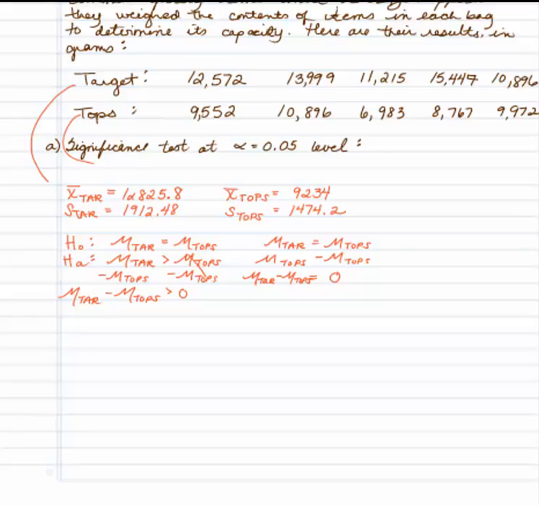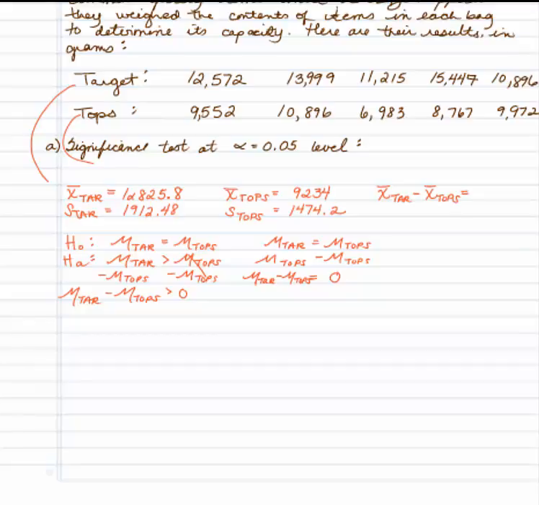Target would outperform Tops, and when you subtract the means, you should be bigger than 0 for the one that I'm kind of looking at. Now, the goal is then we need a difference, just like the title says. We're trying to calculate the difference of everything, what the true difference is. So for a minute now, I've got to try to figure out what the sample difference is. Target minus Tops.